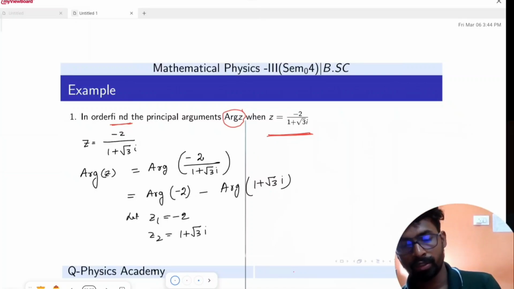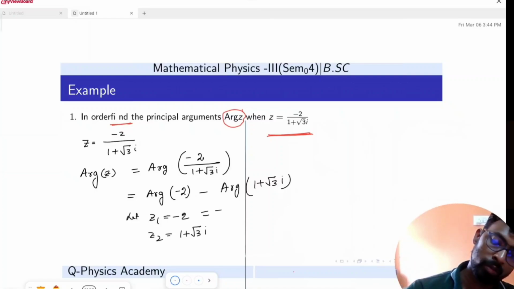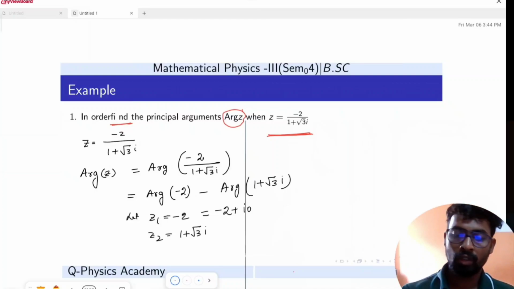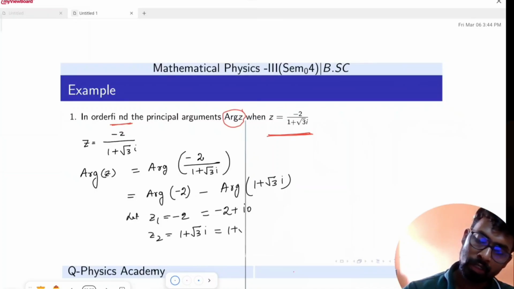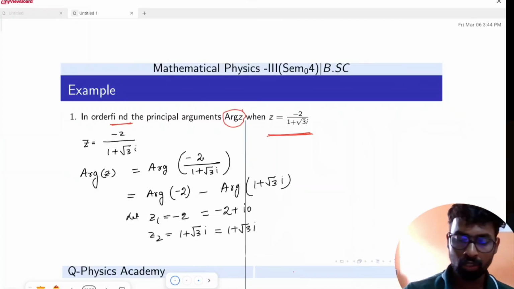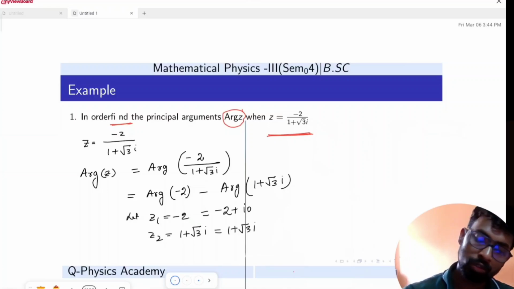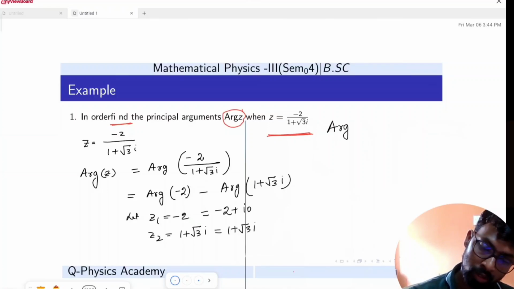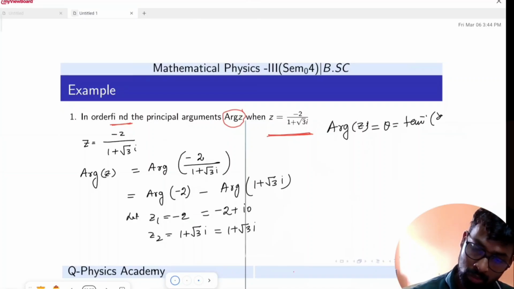You just calculate the principal argument of these two complex numbers. So z1 is nothing but minus 2 plus 0i, and this is a very easy case, right? You just calculate theta, and theta means tan inverse of y by x.